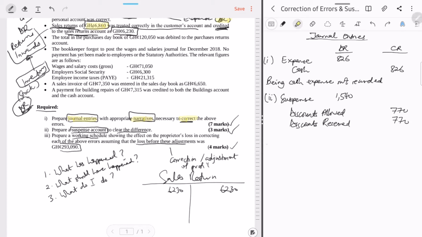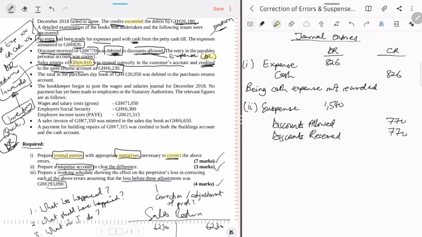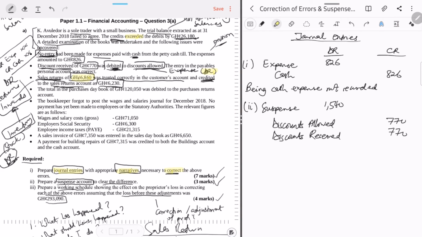So before we even continue, let's write the narration for the second one. They say we should give them the narration. So what was it? Discount received was debited.